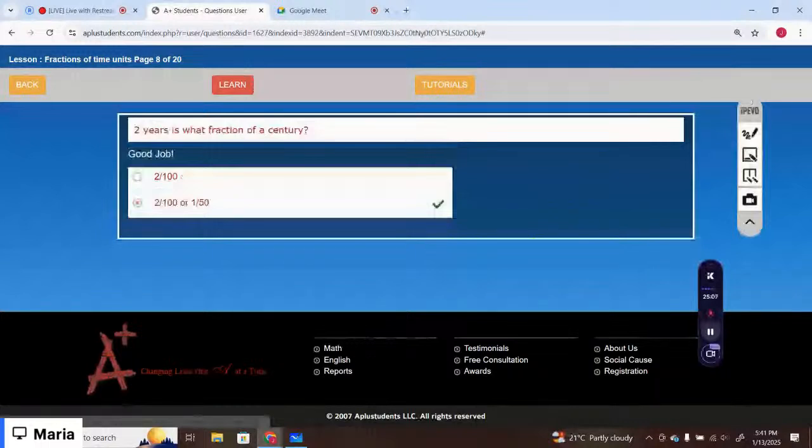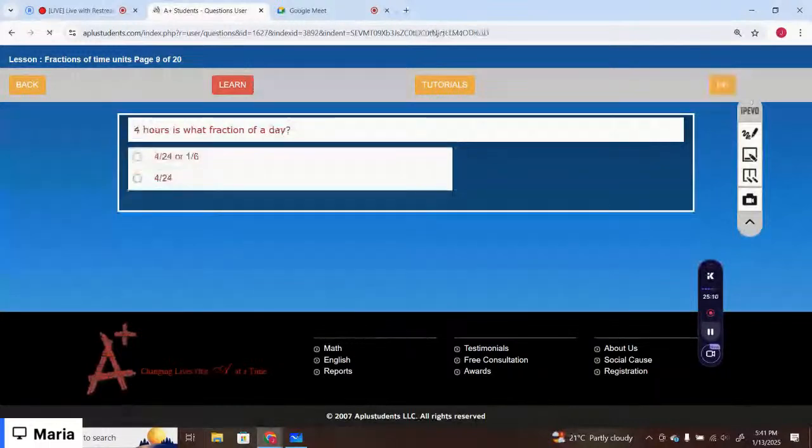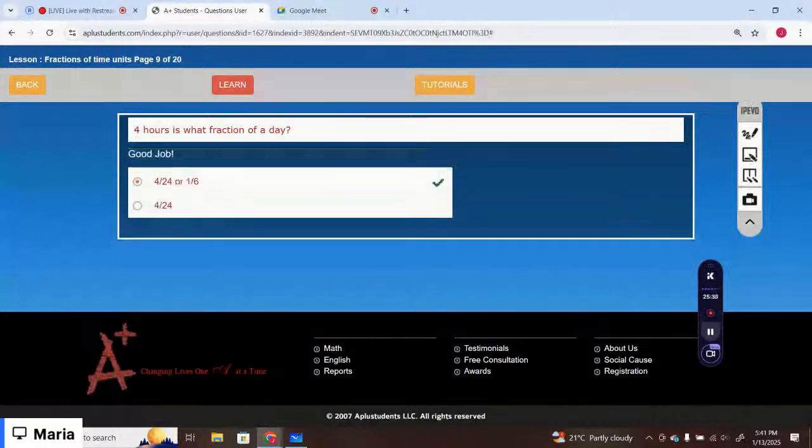Option number 2 is the correct option. 4 hours is what fraction of a day? That is 4 by 24 or 1 by 6. Option number 1 is the correct option.